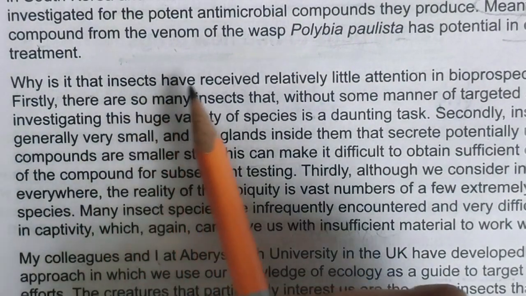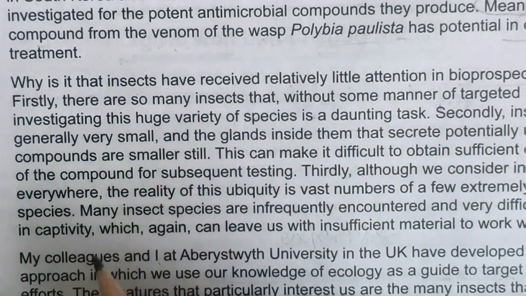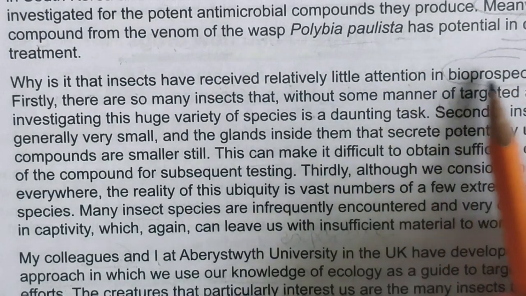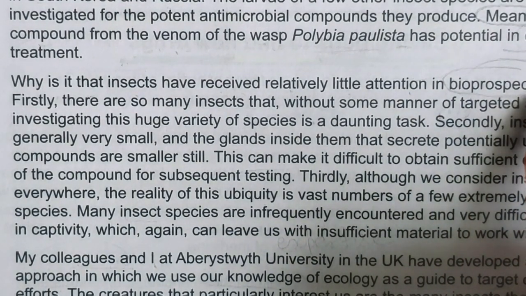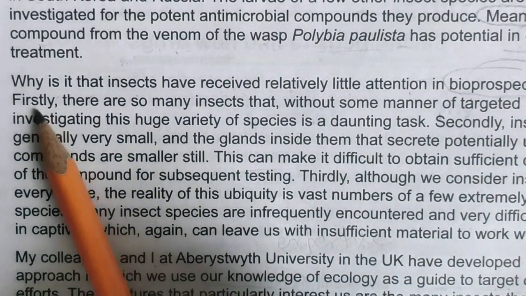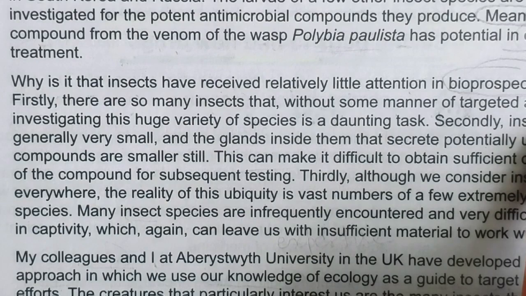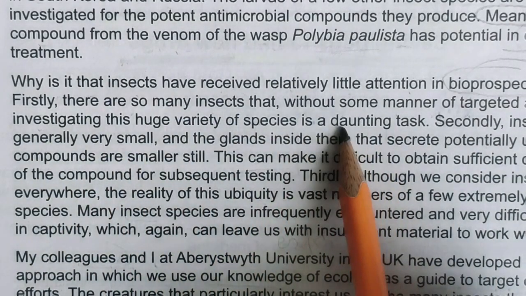Why is it that insects have received relatively little attention in bioprospecting? So what does it mean? No need to inquire now, but after finishing this reading you can find out the meaning. Firstly, there are so many insects that without some manner of targeted approach, investigating this huge variety of species is a daunting task.